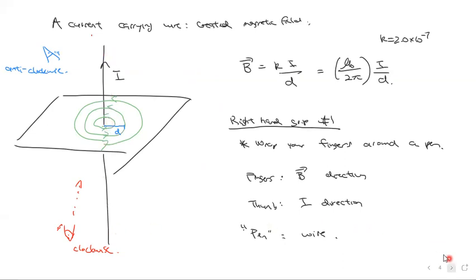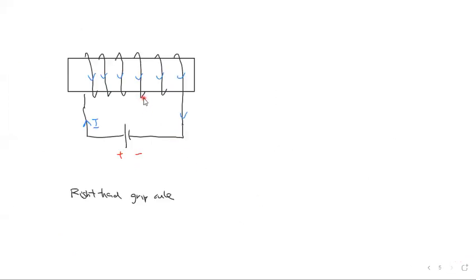While they are related to each other, if you're trying to directly work out the magnetic field without thinking about how the wire wraps, you'll probably be better off thinking of it as a separate rule that happens to use the same hand position. So again, because it's a right-hand grip rule, wrap your fingers around a pen.